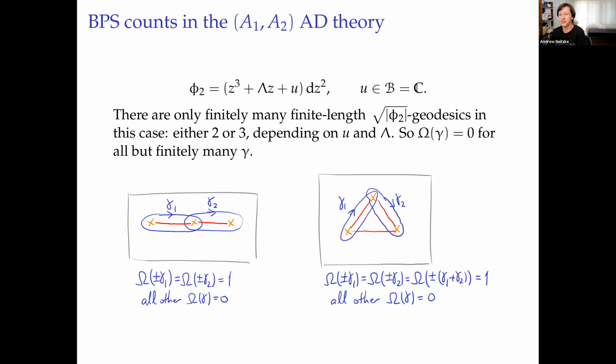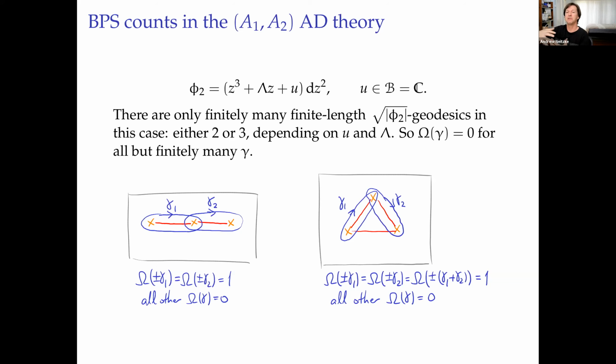In the situation on the right, we've moved in the moduli space, and now we have 3 finite length geodesics instead of 2, and correspondingly, this invariant omega is now supported on 6 lattice vectors instead of 4.